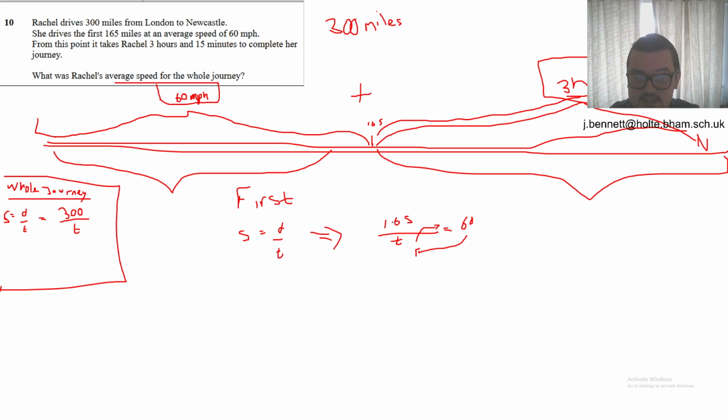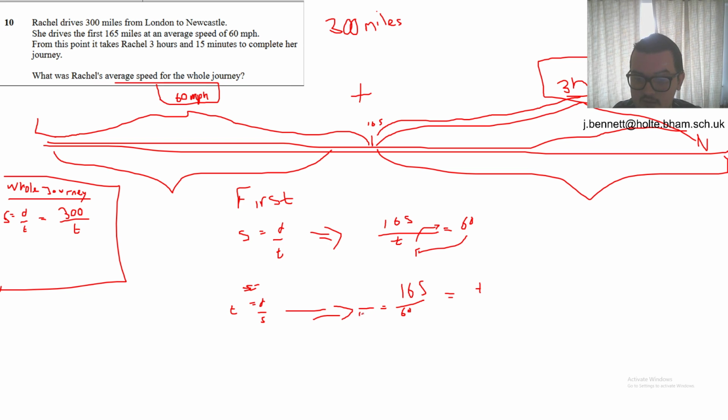Because we can rearrange this formula to say that time equals distance over speed. So that's what we're going to do here. We're going to do the distance, which is 165, over the speed, which is 60, which gives us our time. 165 over 60. Now let's work it out. These can both be divided by 5.